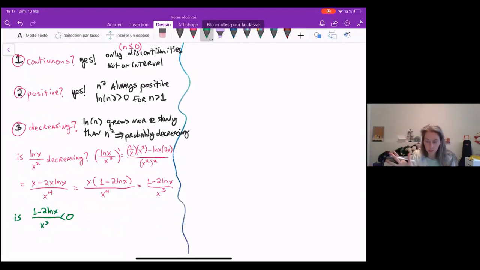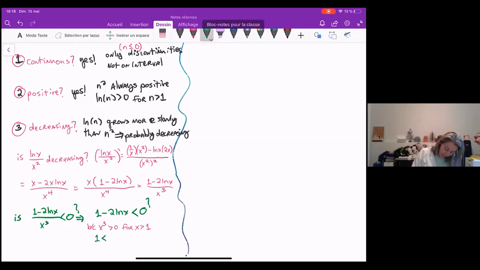So this is like saying, is 1 minus 2 ln x less than 0? Well, that's like saying, is 1 less than 2 ln x? And we know that ln x after e becomes bigger than 1. So yes, we can see that this is true.